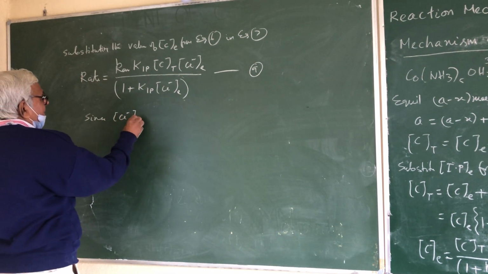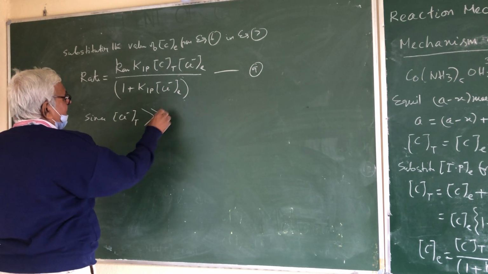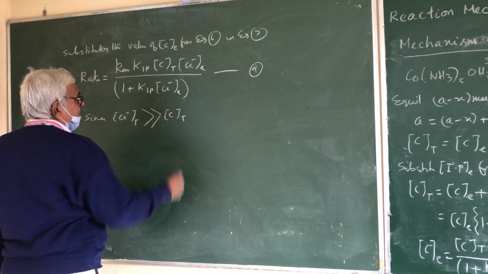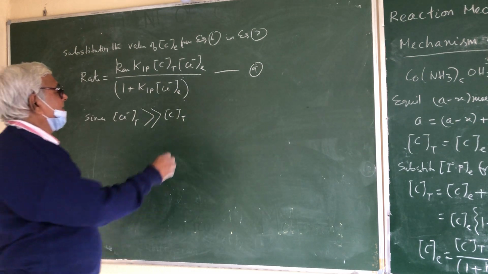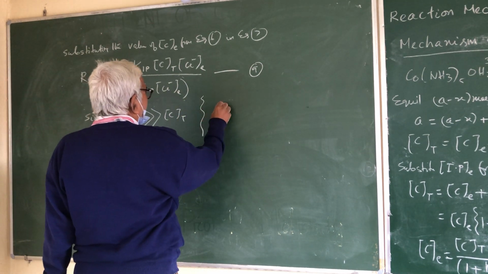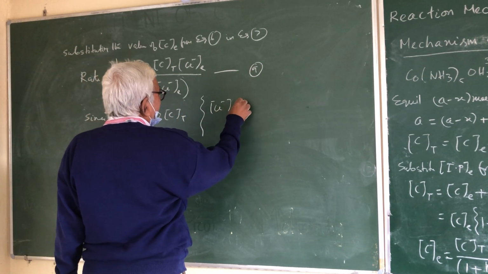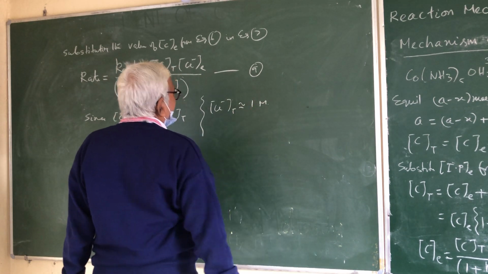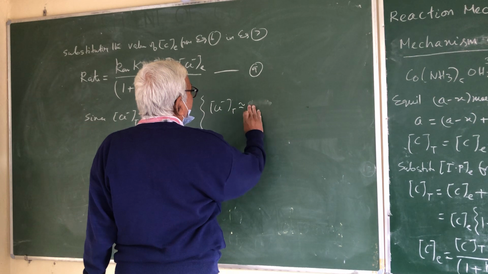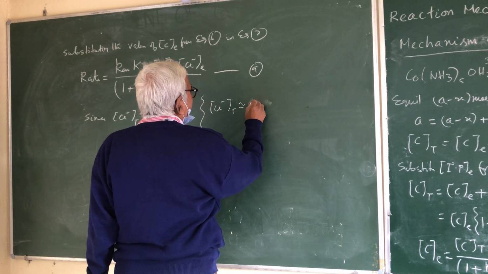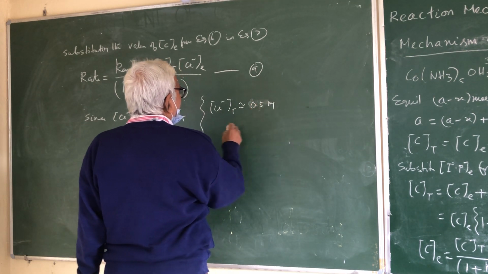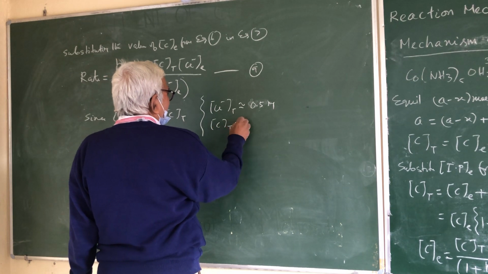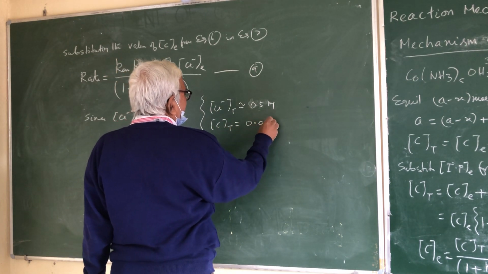Since chloride total is far greater than complex total. In the Anderson reaction, chloride ion concentration may be of the order of 1 molar, or maybe say 0.5 molar, and complex total may be 0.005 molar.